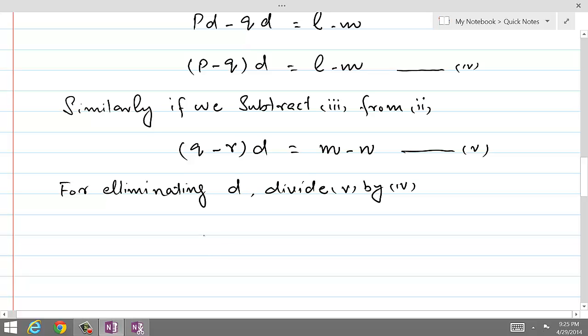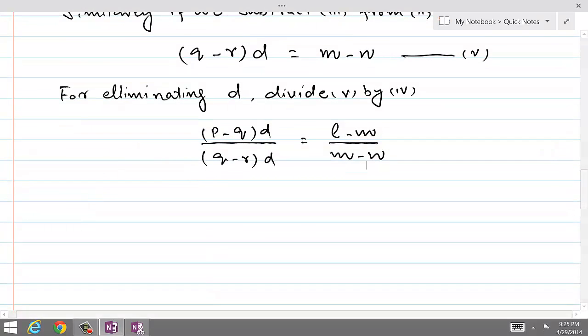So if we just do that, we'll have (P minus Q) into D divided by (Q minus R) into D equal to (L minus M) over (M minus N). This way we can eliminate D.